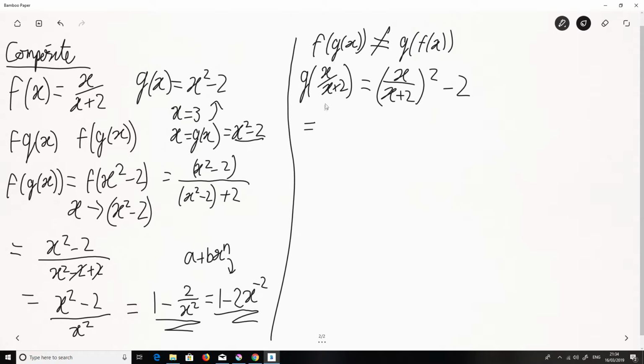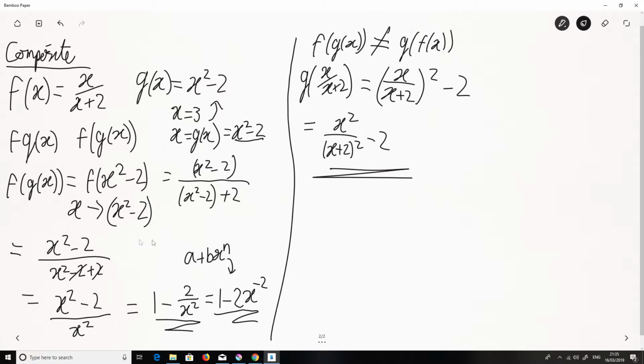And that is equal to x squared over x plus 2 squared minus 2.